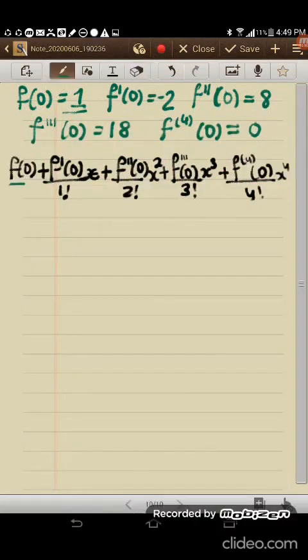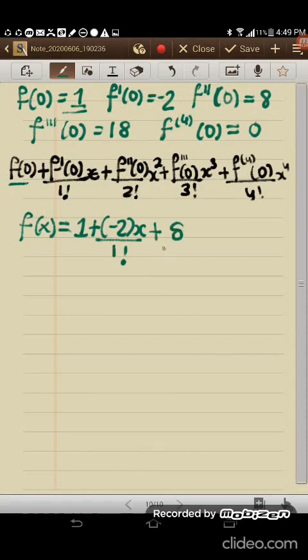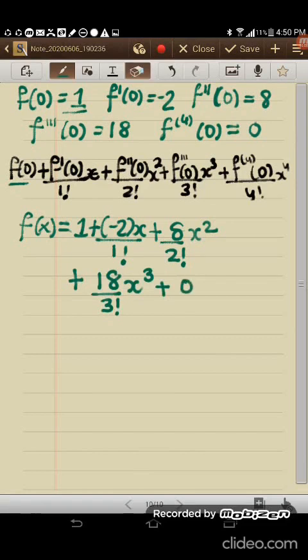So here we have f of x equal to, well, f of 0 is 1, so 1, plus f prime of 0 is negative 2 times x over 1 factorial plus f double prime of 0, which is 8 over 2 factorial times x squared plus f triple prime of 0, which is 18 over 3 factorial times x cubed, plus, and then the rest of the terms are 0, so we can just stop here.